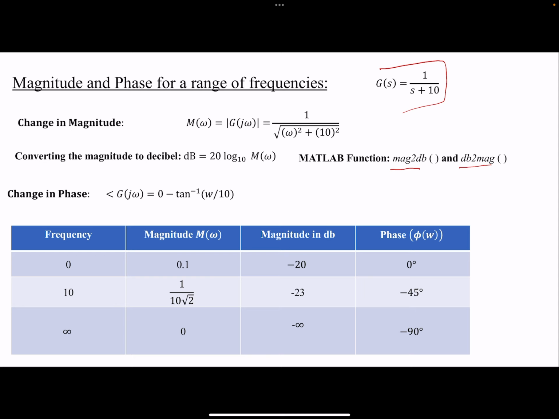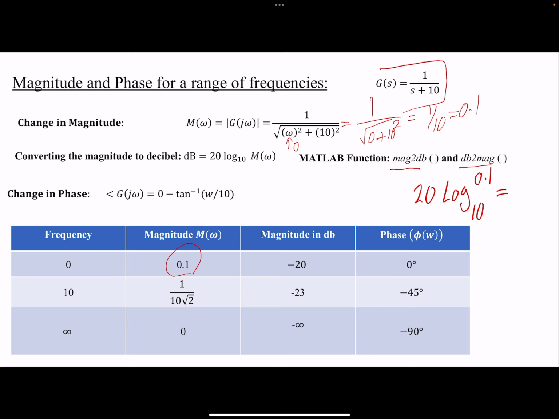If I place a frequency of 0 here, I will have 1 over the square root of 0 plus 10 squared, so 1 over 10. That would be the magnitude. And if I want to find it in decibel, then I have to say 20 log 10 of this magnitude, 0.1.